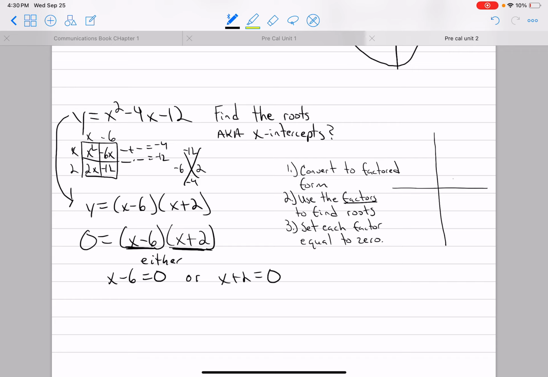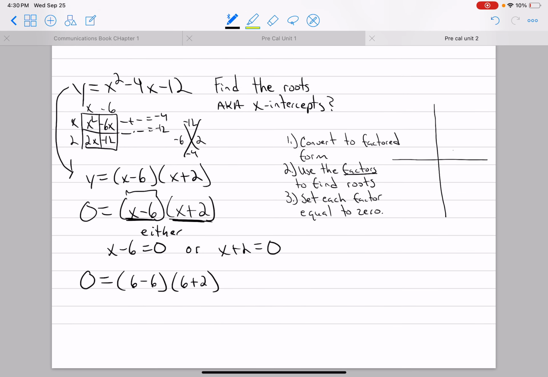One of those two things has to be true to work. All right? So how could x minus 6 equal 0? What would x have to be? Well, you probably know in your head it should equal 6, right? So let's see. If I said x equals 6 and plug that in, 0 equals 6 minus 6 times 6 plus 2. If x does equal 6, well, we get 0 equals 0 times 8.